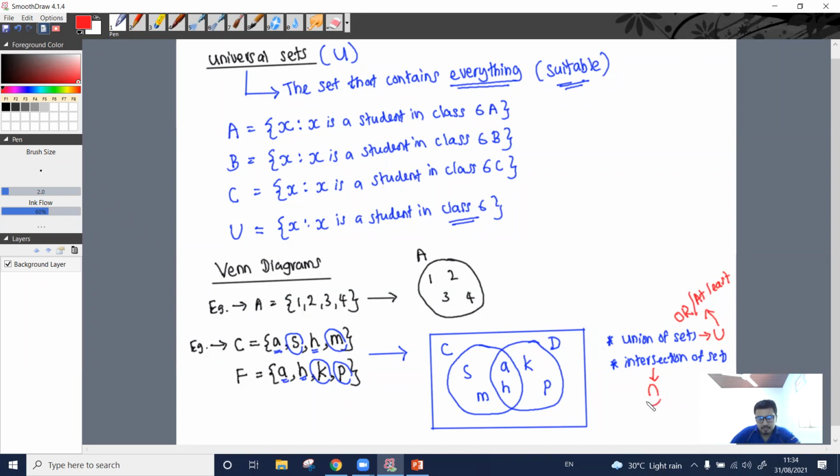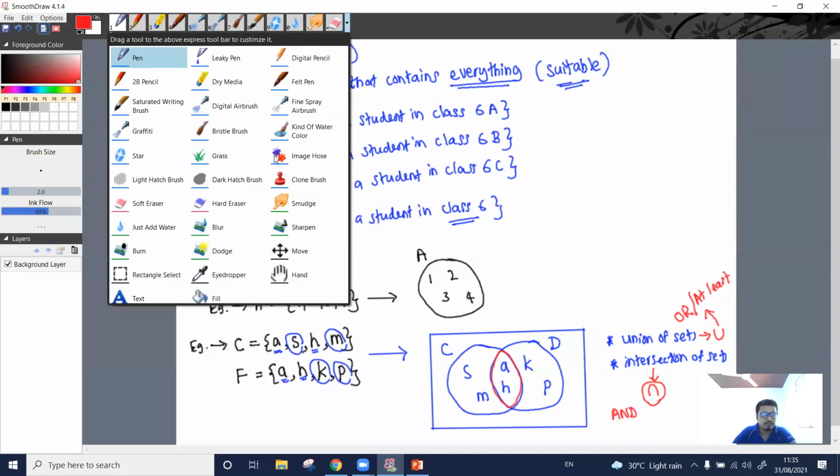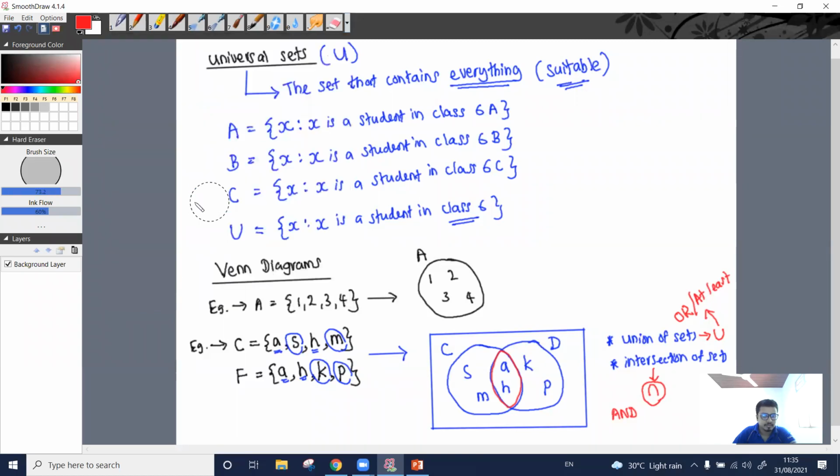If we use this symbol, intersection, what does it imply? That is what the intersection says. And. The students who like cricket and football. Cricket and football intersection.